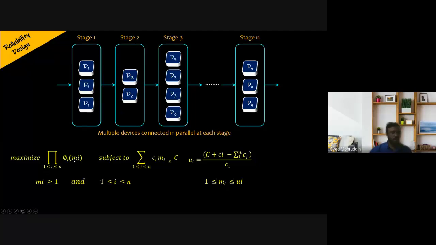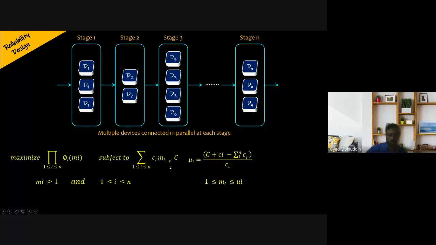So n number of devices are there. And these devices cannot exceed the cost we have at hand. The cost of each device is Ci, and Ci multiplied by each device Mi, that summation should not exceed C.